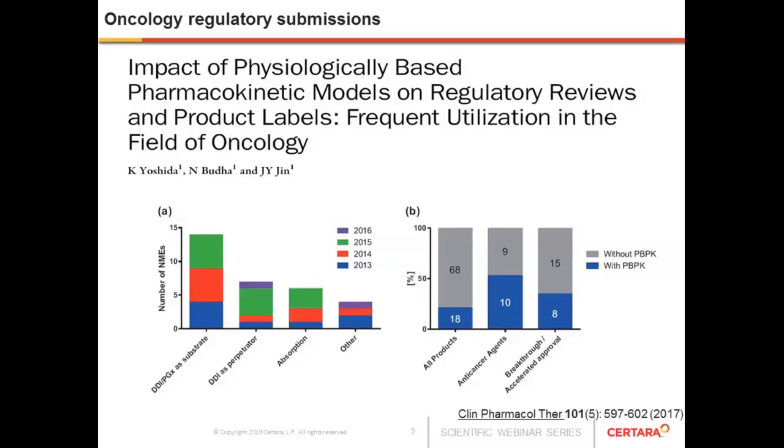So as you can see, it's very relevant for cancer populations in terms of informing the drug development process and also informing drug labeling.